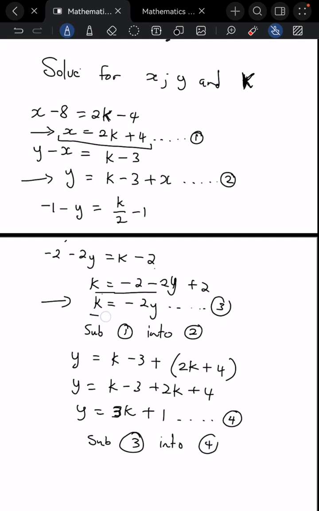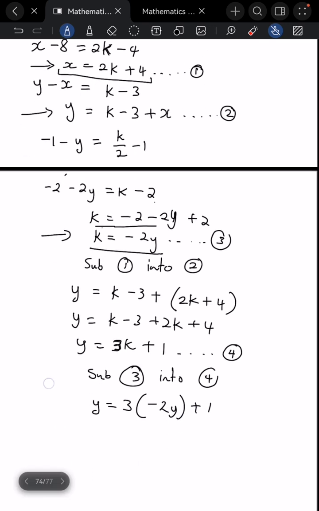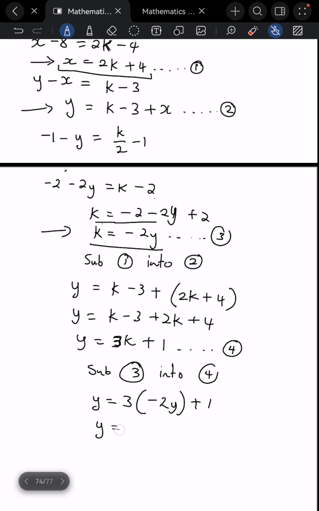If y = 3k + 1 and k = -2y, then y = 3(-2y) + 1. Therefore y = -6y + 1. This one goes to that side, so 7y = 1.